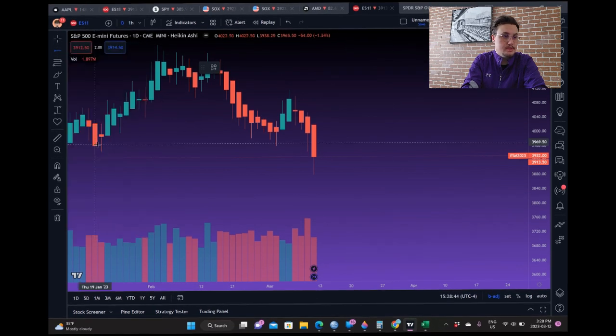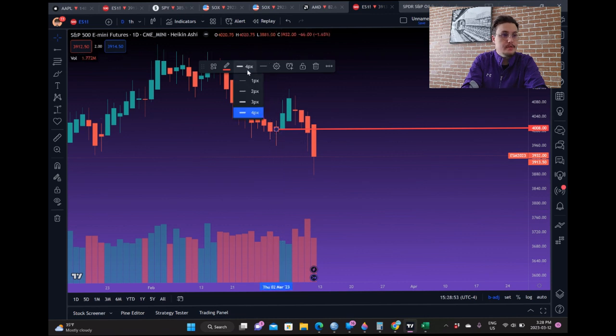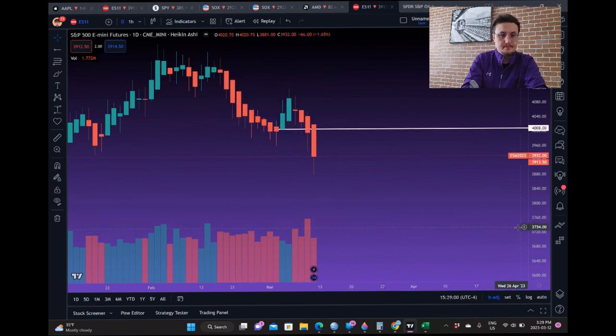I'm going to use the horizontal ray, and you're going to identify the start of this uptrend. So we're going to just put it right here. So there is one support. Let's change it to 3, and let's change it to a neutral color, white. Okay. All right.